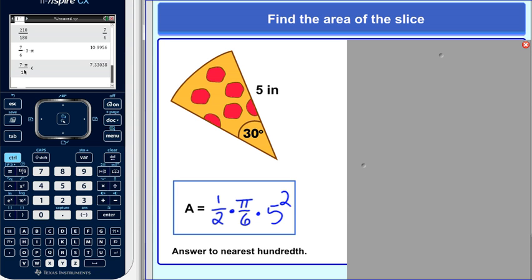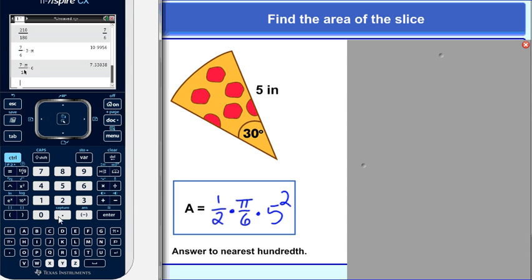We want our answer to the nearest hundredth, so we'll do 0.5 times pi divided by 6 times 5 squared, which is 25. And we get about 6.54.